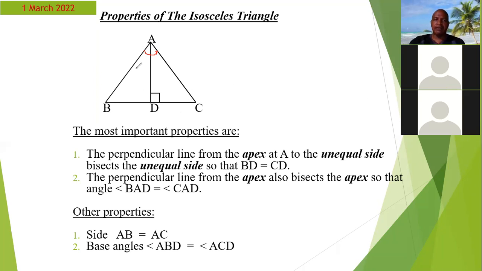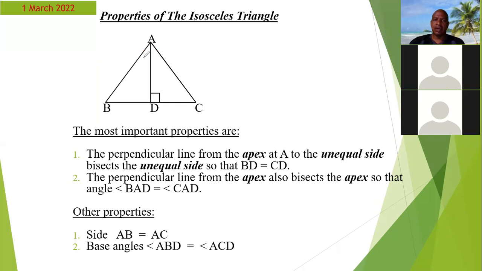All right, now if we have that vertical line drawn from the apex to the base so that it meets the base at right angle, we know that the base, which is the unequal side, will be cut into two equal parts. And the apex angle will also be cut into two equal angles.